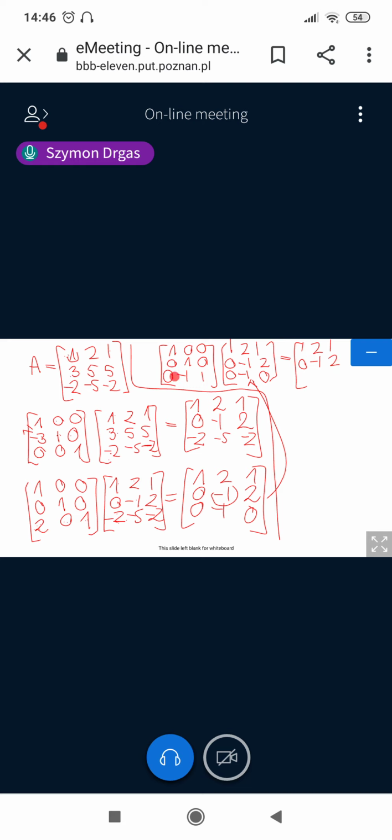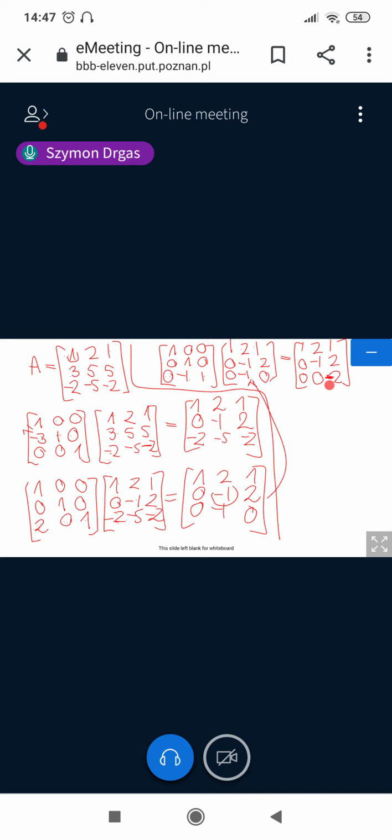And finally it's 0, 0, and so if we multiply the third row by the second column, it's 0 plus 1 minus 1, which is finally 0. And if we multiply the third row by the third column, then we have 0 minus 2 plus 0. So I think that we should write -2 here.